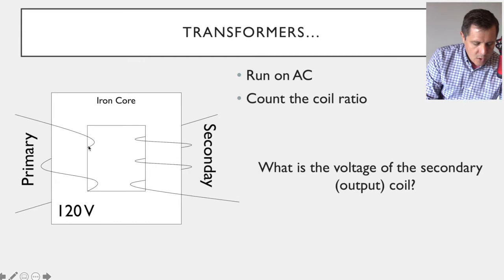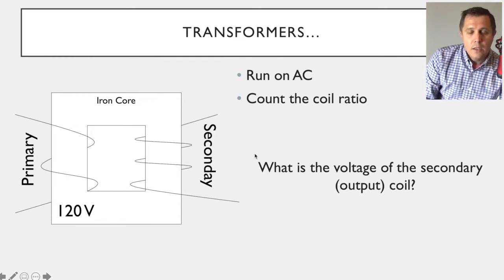If I send current through that coil in one direction, that's going to create one type of magnetic field. But that magnetic field will never change, because the current didn't change, nothing would happen. However, if I have the current go through the wire in one direction, and then I go the opposite direction, so I go back and forth, back and forth with that current, what's going to happen is you'll have a magnetic field going in one direction, and then the magnetic field changes, goes the opposite direction, back and forth.